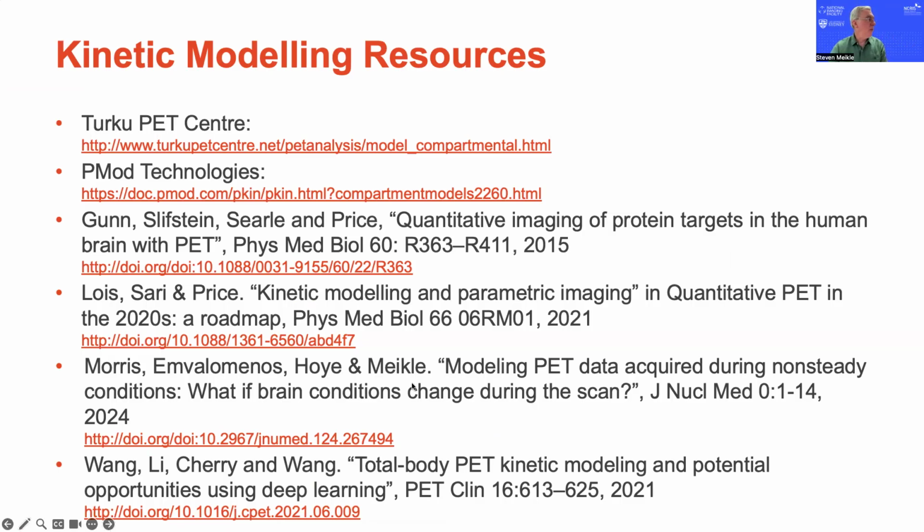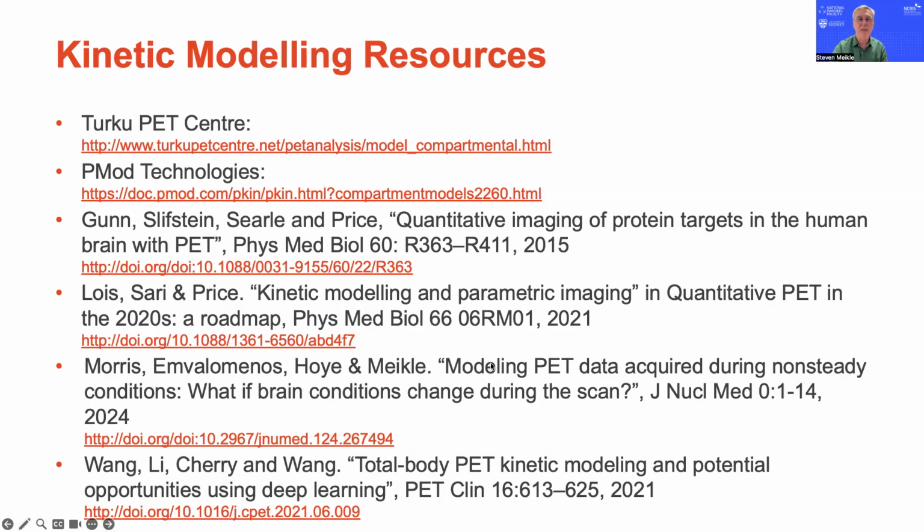This one's a bit more recent, and you can see this guy Meikle was involved. This was a review article that we published recently with Evan Morris and my former postdoc Gail and Jocelyn Hoy, who was one of Evan's postdocs. This one's much more niche.